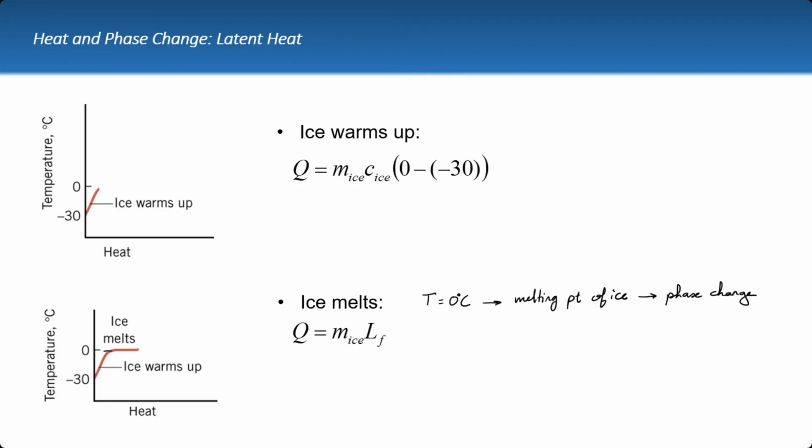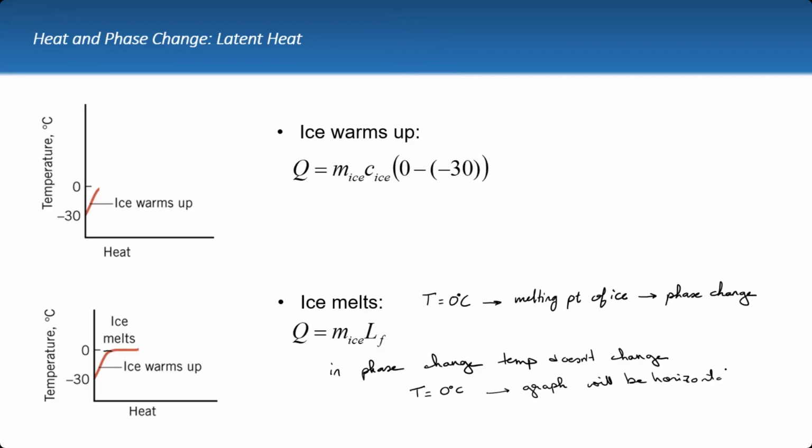I want you to notice something super important. When we have phase change, the temperature doesn't change. So T remains at 0 degrees Celsius. And the graph will be horizontal.